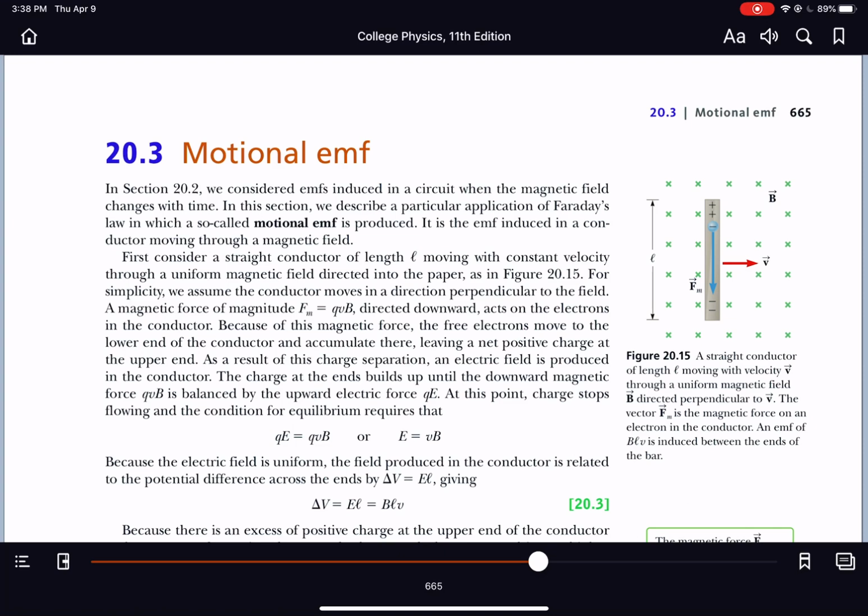So guess what? You're going to use your left-hand rule, which we haven't had before, to find out which direction the electrons will travel. And be ready for this on a test. If you have to use your hand to make a prediction on a test, and you're predicting the motion of an electron, you have to use your left hand.